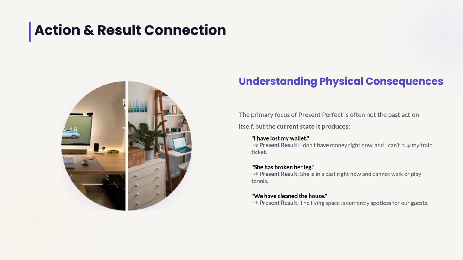The result is that she cannot walk normally right now. And one more. We have cleaned the house. The result is that the house is clean now. We use the present perfect always as useful. What is the present result? If there is a result now, the present perfect is often the correct choice.